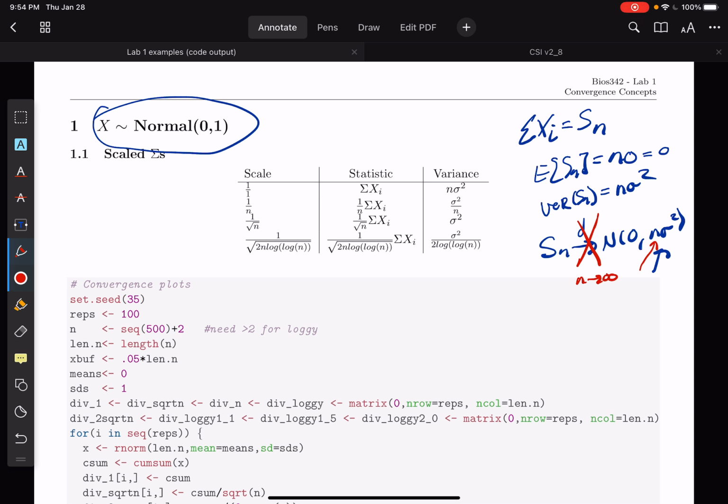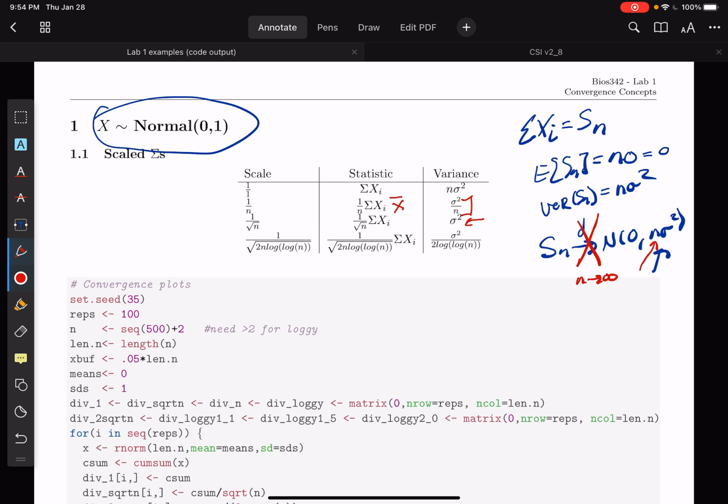If I don't scale, I get this statistic Sn. We're going to simulate paths of this to see what happens. And here's the variance. If I divide by n, this is just the plain old sample mean, and its variance is sigma squared over n. If I divide by the square root of n, then the variance is just the plain old sigma squared.